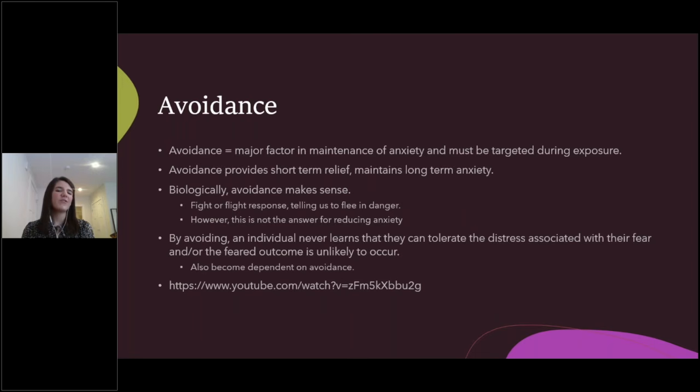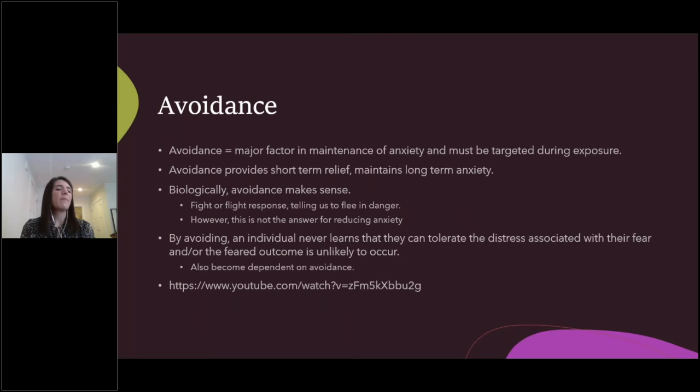So if you have somebody who's afraid of going into a crowded grocery store, they drive to the grocery store, they notice that their anxiety starts to increase, they get out of their car, they go into the grocery store, and their anxiety skyrockets. It's really uncomfortable, so they say, nope, never mind, I'm out, and they leave the grocery store, go to their car, and go home. That feels really good in the short term. The anxiety immediately reduces when they leave the grocery store.